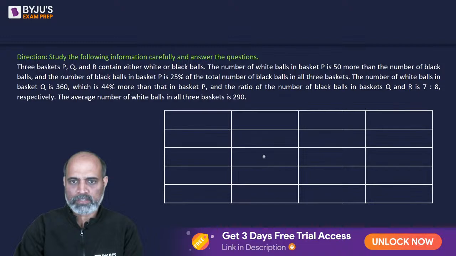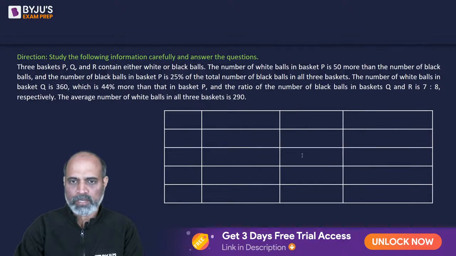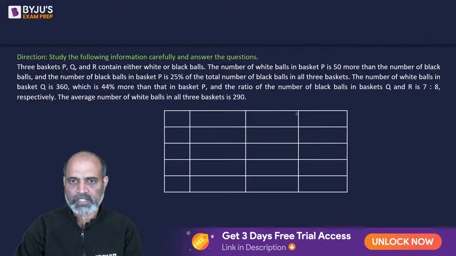So let's minimize this. This is the basket, and we have got the black and white combo, and this is what we have in total. Let's make this a little more accurate, and let's shrink it, right?